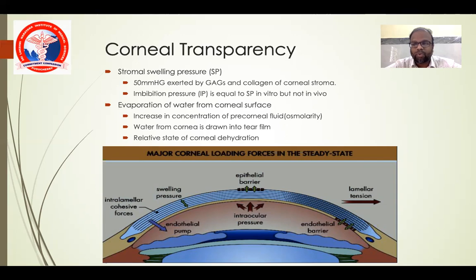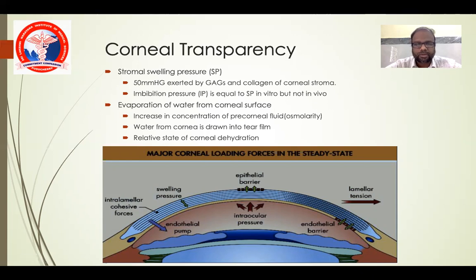When they try to move away from each other, there is a swelling occurring in the cornea. This swelling causes movement of water into the cornea, and the imbibition pressure, or the movement of water into the cornea, is equal to the stromal pressure in vitro, but it is not the same in vivo.